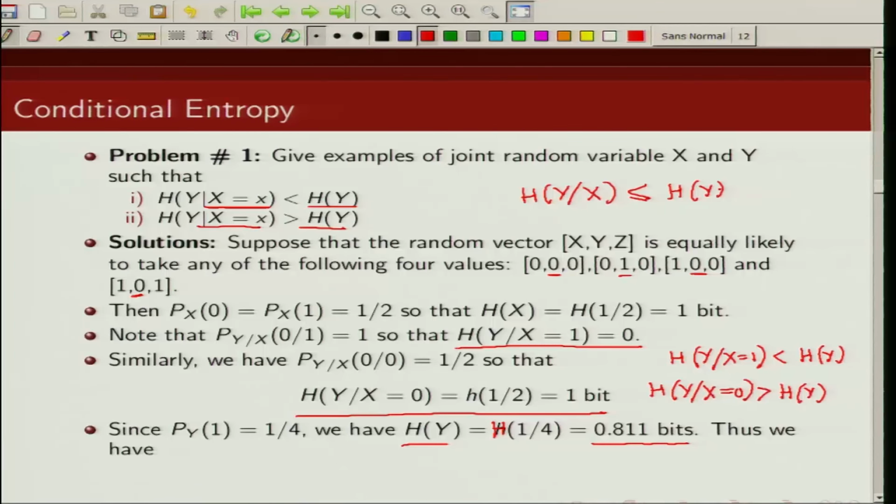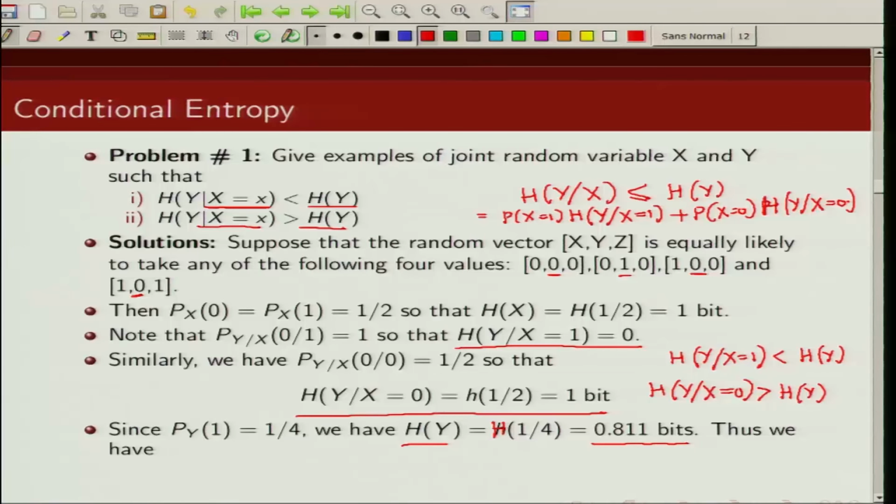We know the uncertainty in y given x equal to 1; multiply by the probability of x equal to 1, that is half, and the probability of x equal to 0 is also half. So the uncertainty in y given x is the probability of x equal to 1 times h of y given x equal to 1, plus the probability of x equal to 0 multiplied by the uncertainty in y given x equal to 0.